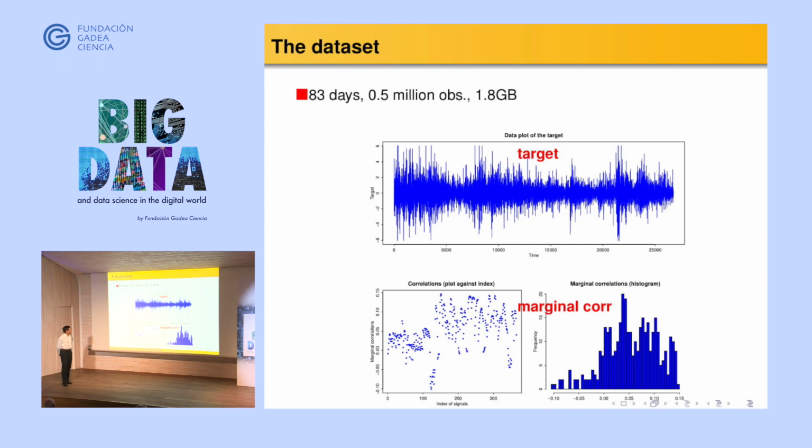You could imagine I have 10 years of this data, you could imagine I have 1,000 of those stocks. Everything scales up quickly. But anyway, this is the target you have, and these are the 365 signals. If I calculate the marginal correlation between signals and target, each individual one is pretty weak. Correlation maybe around 0.1, so marginal correlation is very weak.